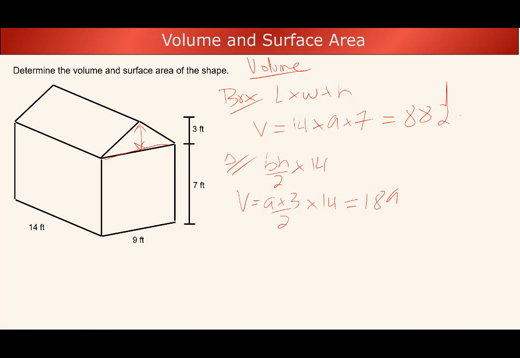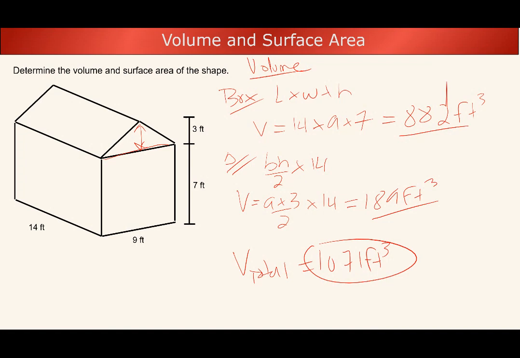And both of these would be feet and cubic feet. Add them together, and you've got your answer. 189 plus 882 equals 1071. So the total volume is equal to 1071 cubic feet. That's how you find the volume of that shape.